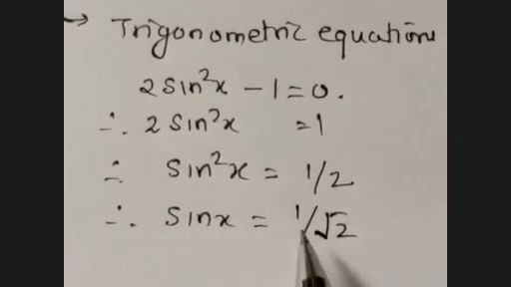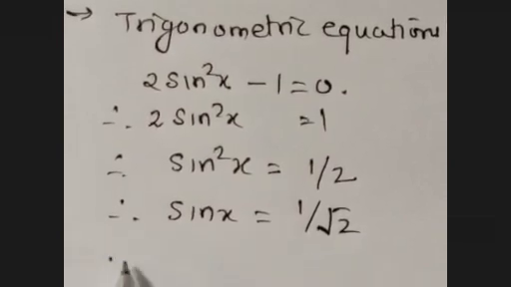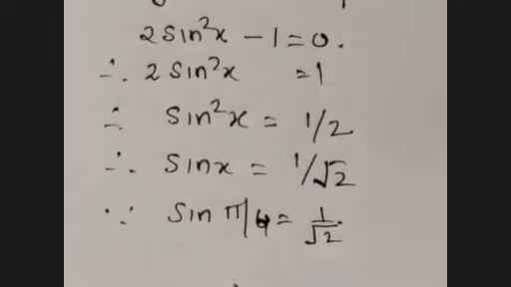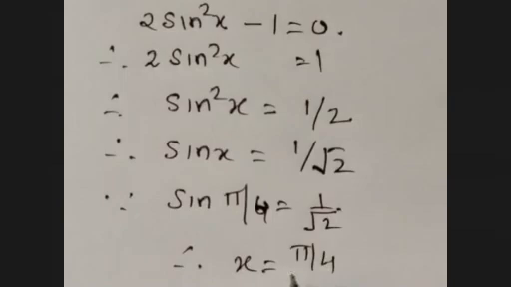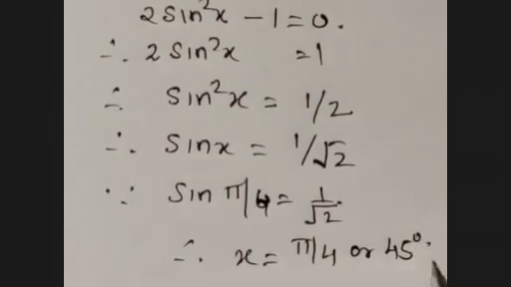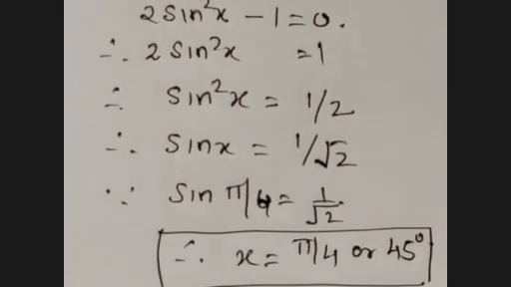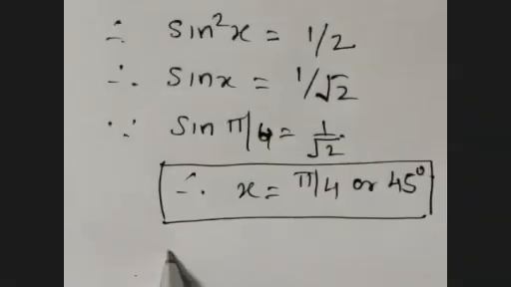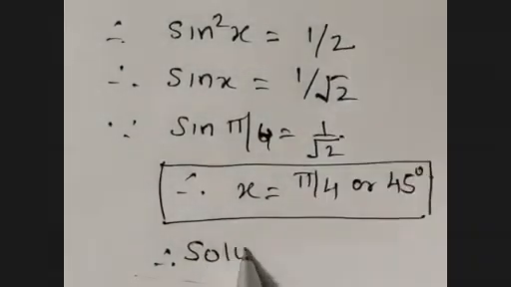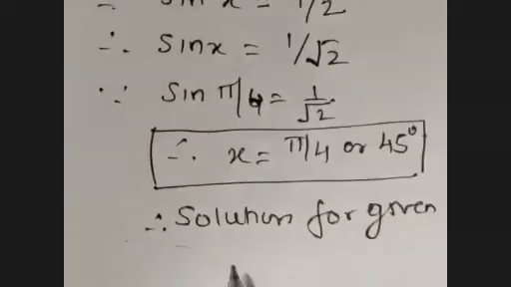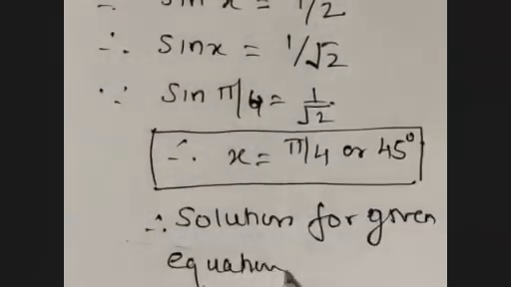Since we know that sin pi by 4 is 1 by root 2, the value of x is pi by 4, or 45 degrees. So 45 degrees or pi by 4 is the solution for the given equation.